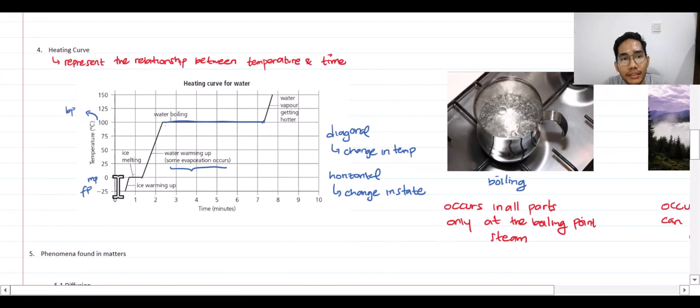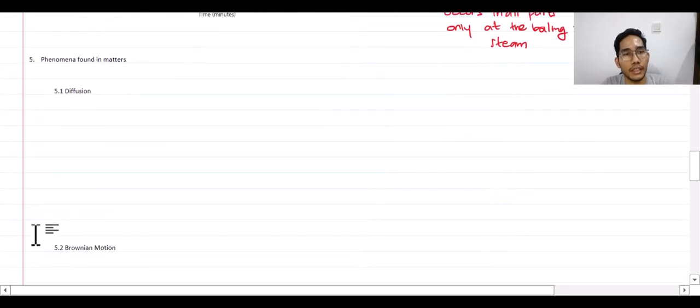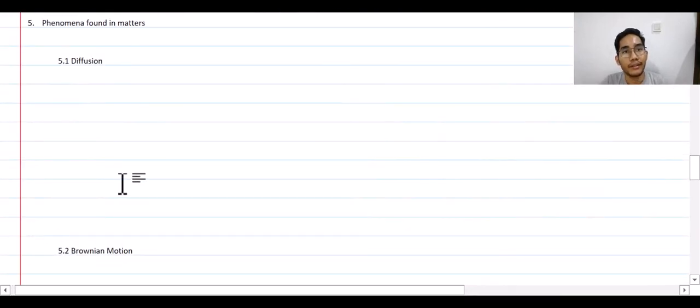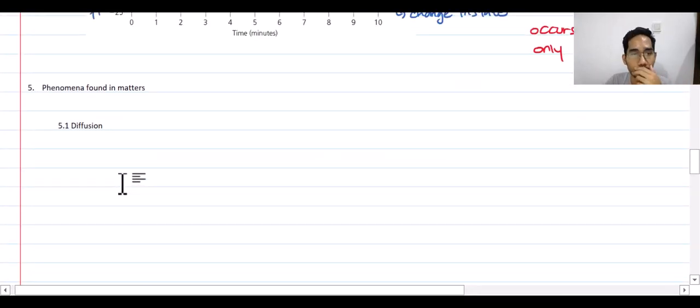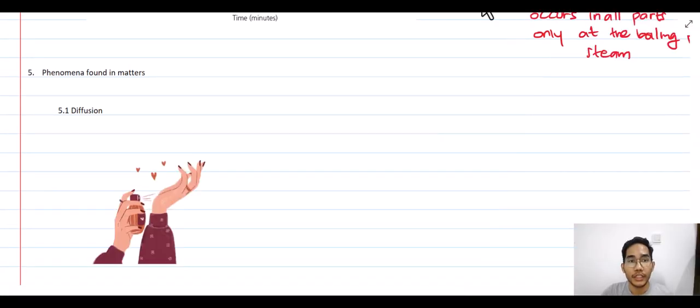Now, let's continue on with the phenomena found in matter. Let's start with diffusion. So, what is diffusion? Okay, to understand what diffusion is, imagine you are spraying some perfume on your skin, and then after a while, someone across the room will be able to smell it.